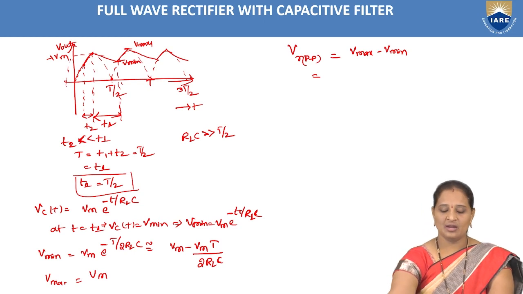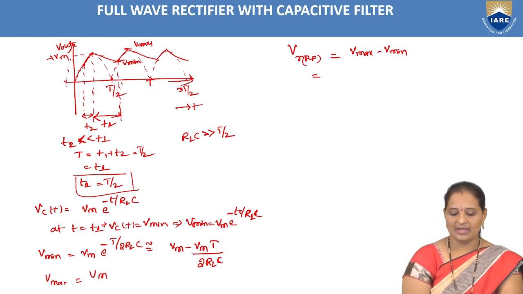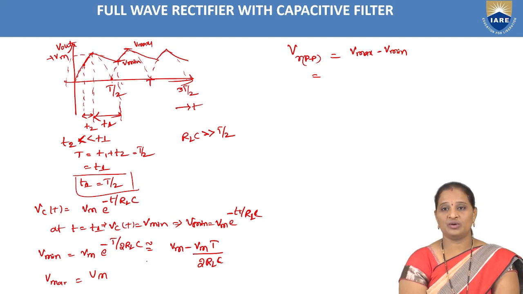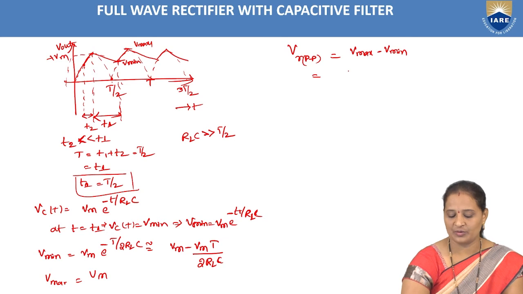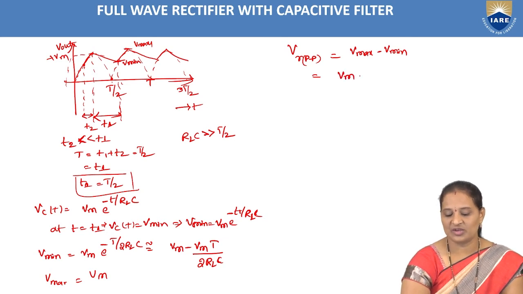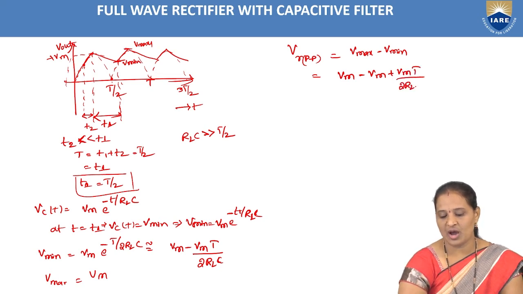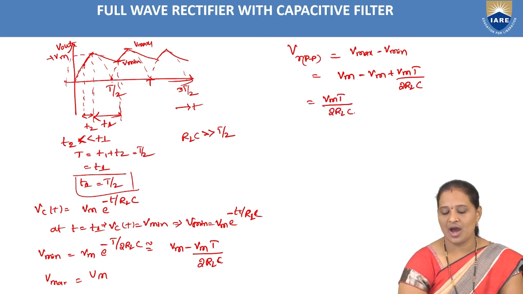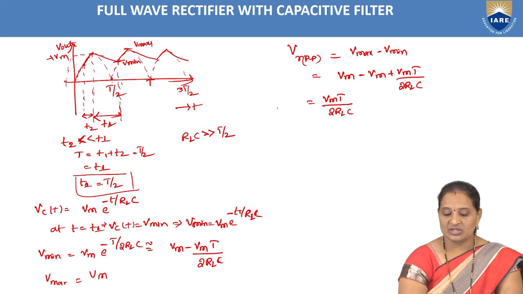That is why I can approximate e power minus T by 2 into RL into C as 1 minus T by 2 into RL into C, so V minimum is Vm minus Vm into T divided by 2 into RL into C. So VR peak to peak is Vmax minus V minimum, which becomes Vm into T divided by 2 into RL into C. So this is VR peak to peak.